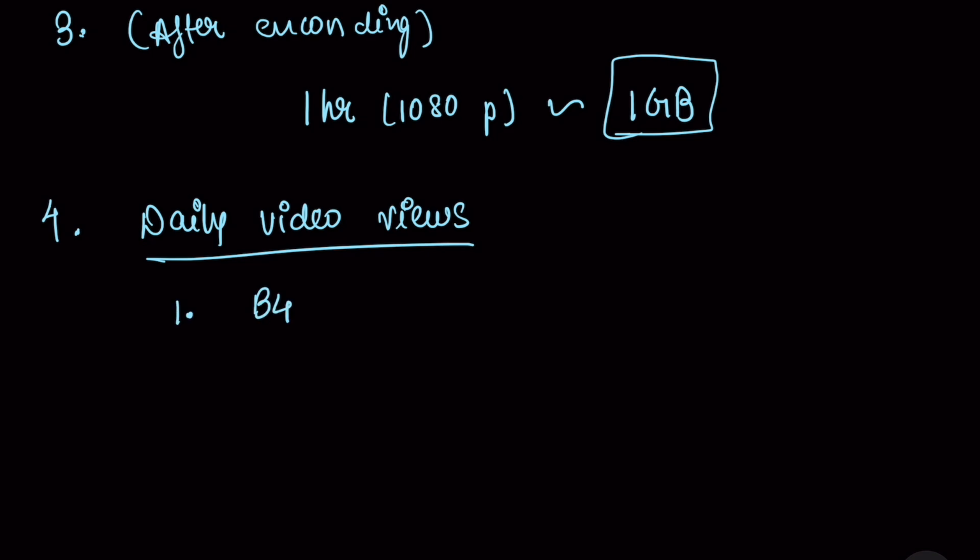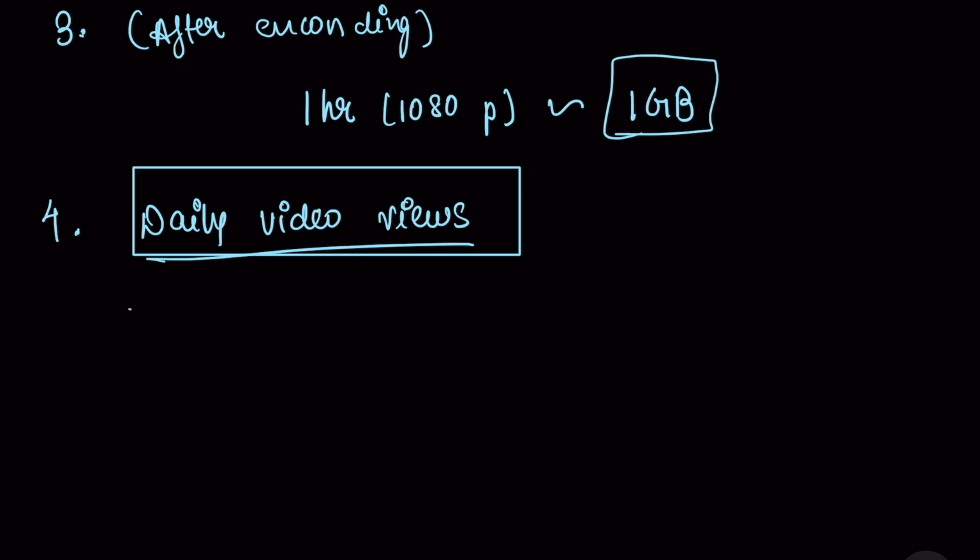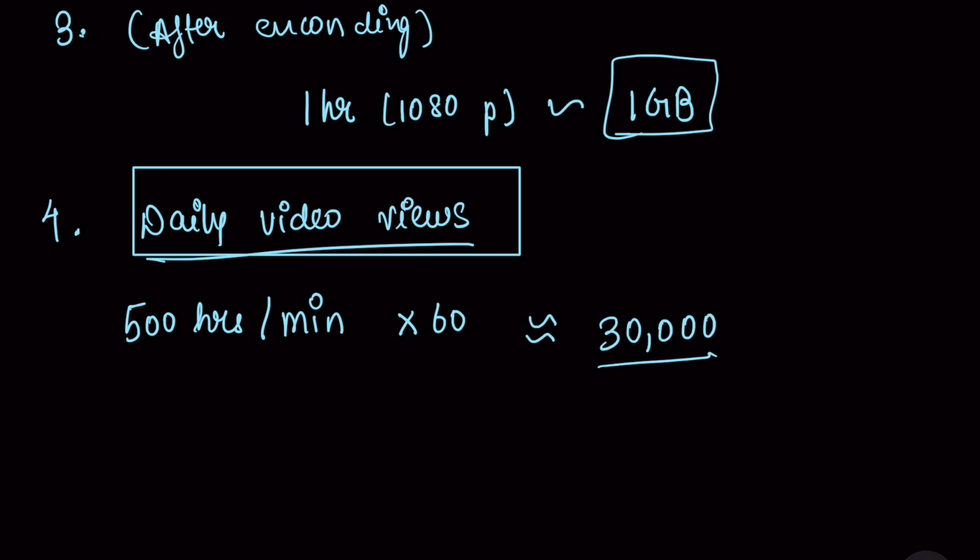Okay, and now if we want to estimate the daily video uploads, we are saying it before encoding. So here we assume that 500 hours of video are uploaded to YouTube per minute. So 500 hours into 60 minutes, for 1 hour, this will approximate to 30,000 hours of video being uploaded per hour to YouTube.